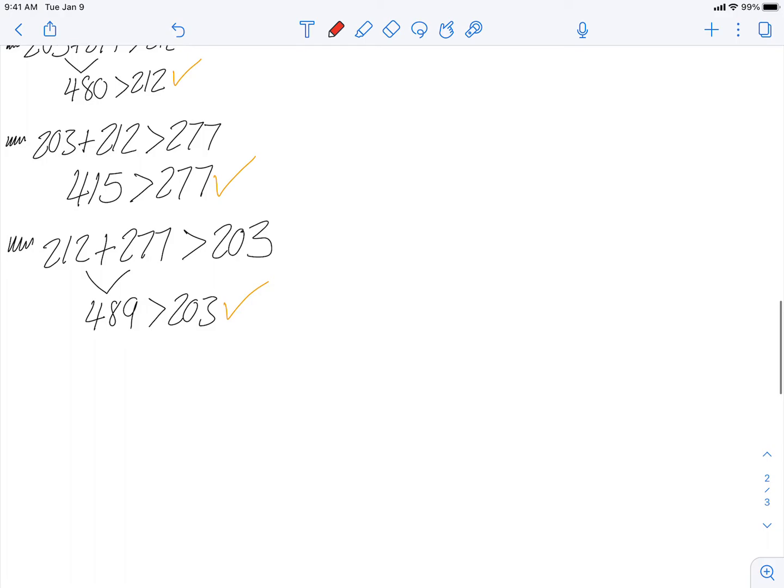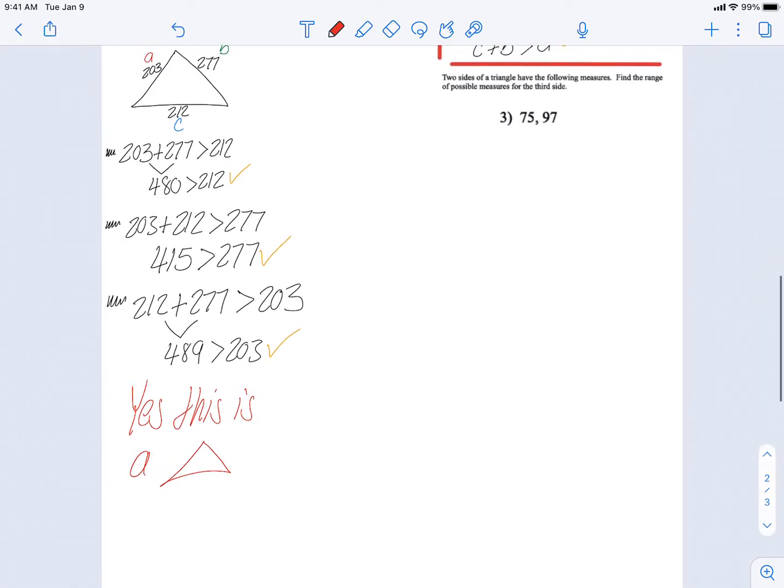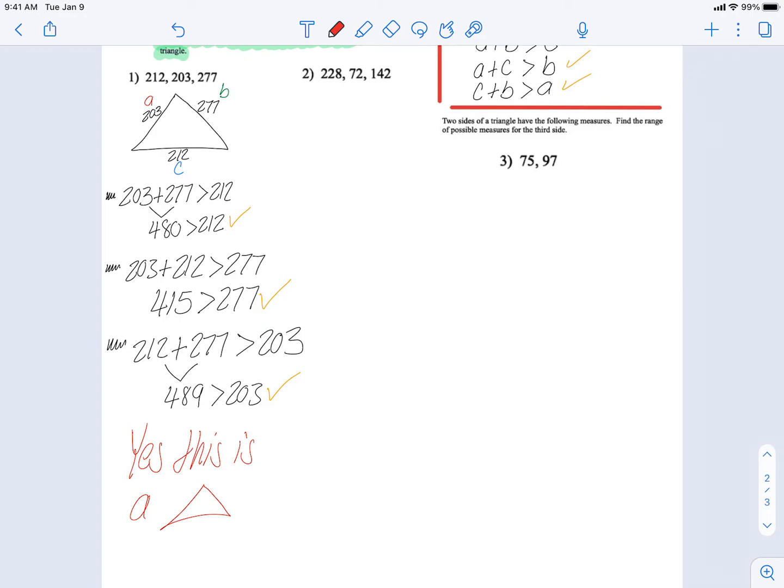We're going to say yes, this is a triangle. Absolutely, it's a triangle. We checked. All three boxes check. Three checks. Yes, this is a triangle.